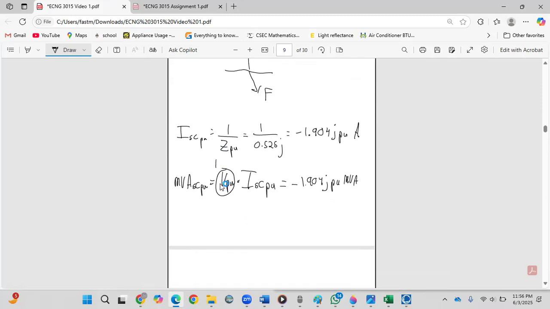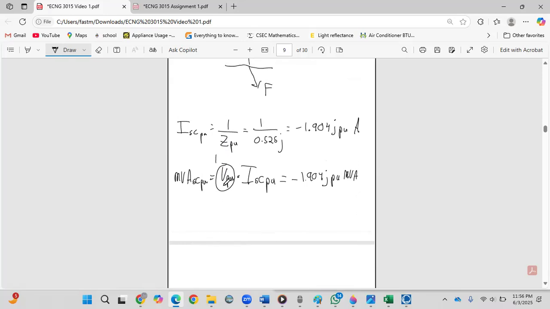And then if we want the actual value, no pun intended, we'll need to multiply each by its base. So I'll need to find what I base is. So I base is the MVA base divided by root 3 by voltage base.